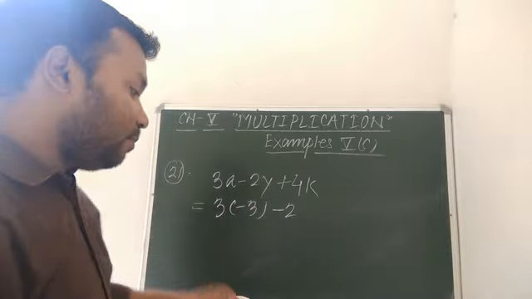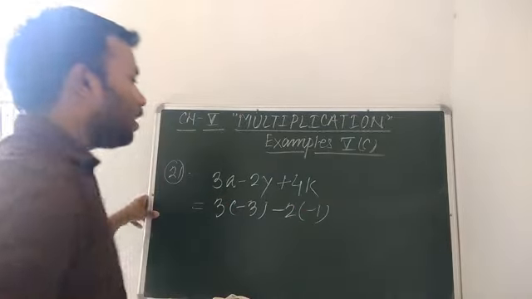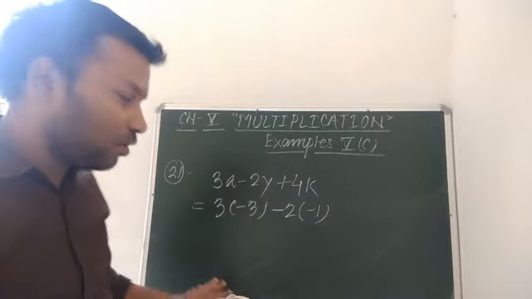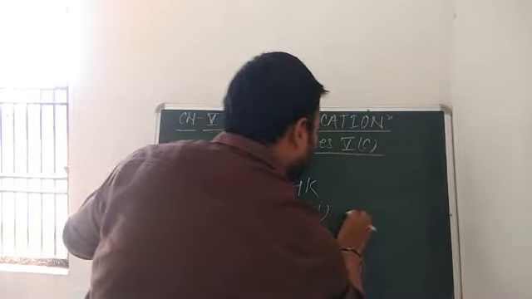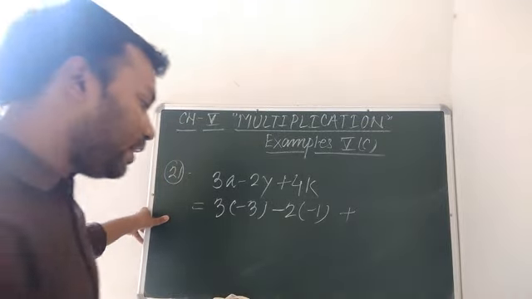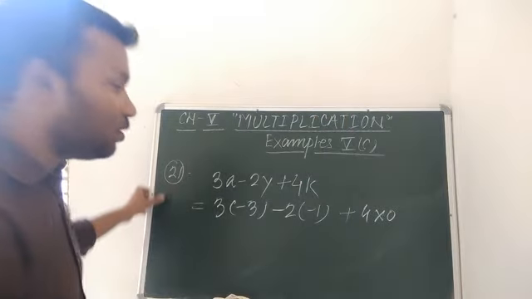In place of y we put -1, and the value of k is given as 0, so in place of k we put 0.